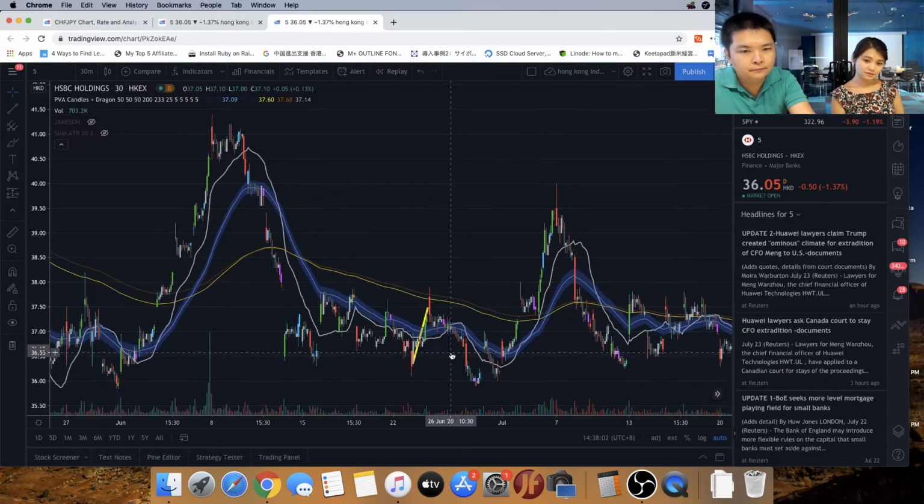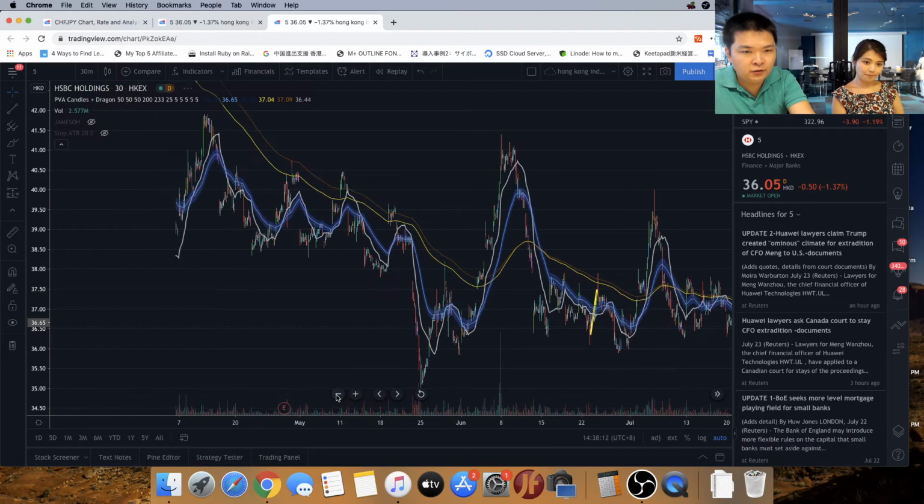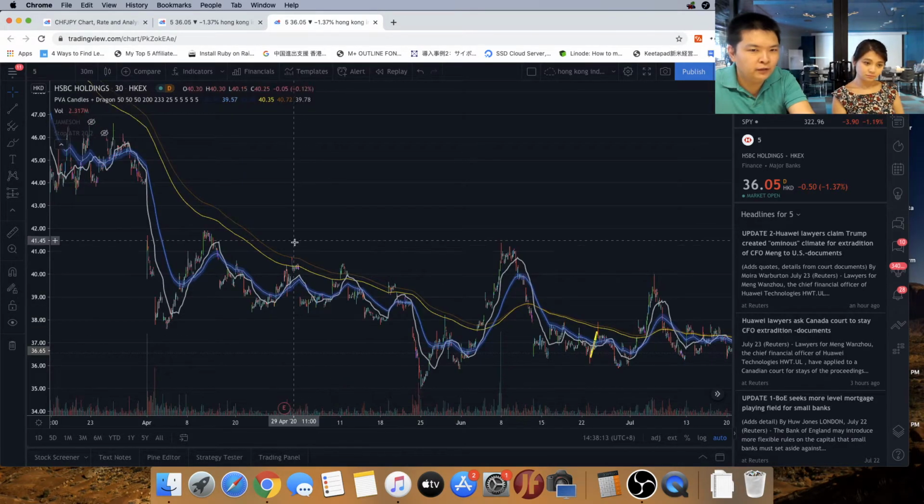Here we are looking at HSBC on the 30-minute chart. But actually here it responds very well. Actually here it worked, okay? If we use this as a resistance, it's working pretty well.